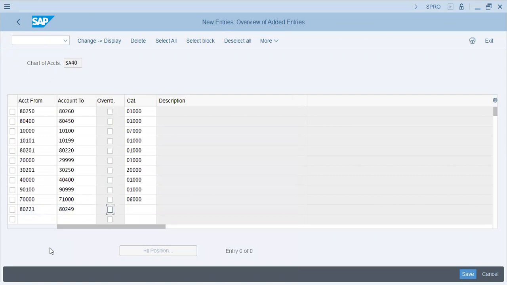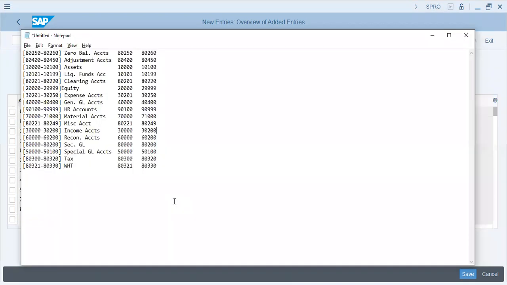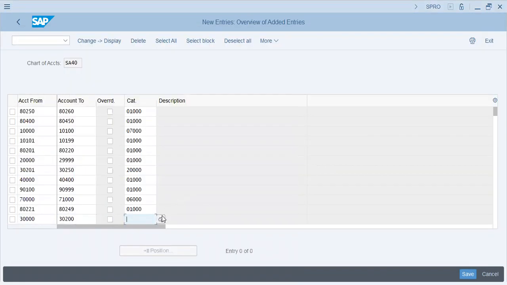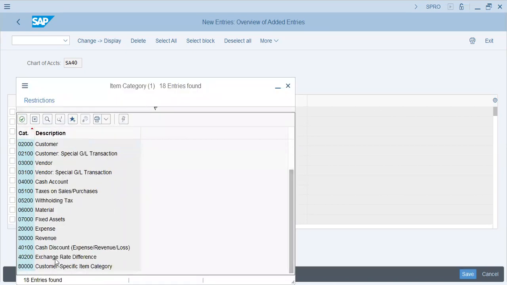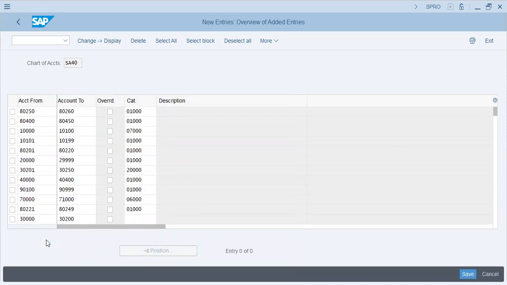Miscellaneous can be expense, income, or adjustment, but we'll keep it in balance sheet for now. This is income accounts. This is for revenue.